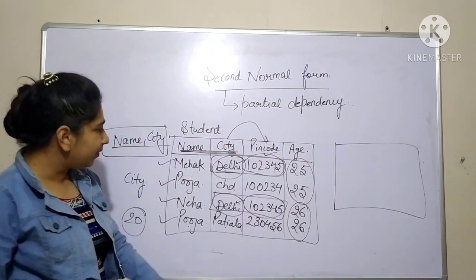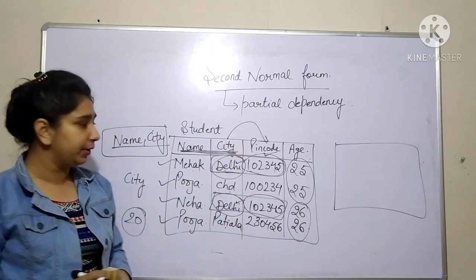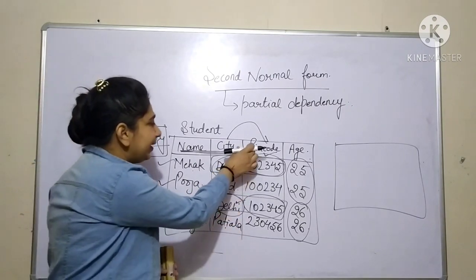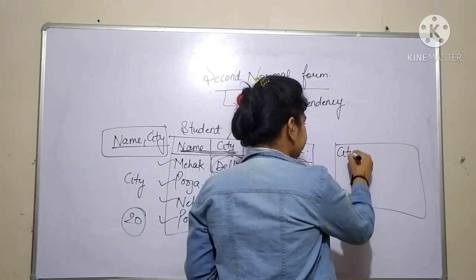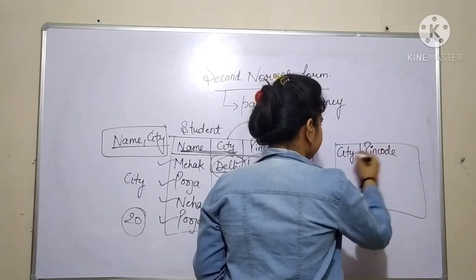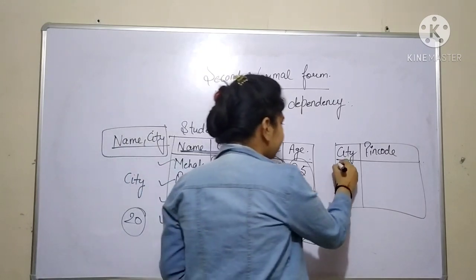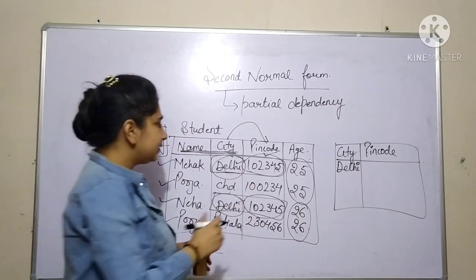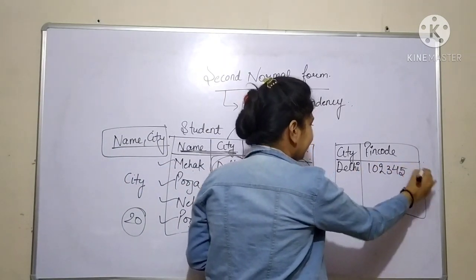Okay, what I will be writing here is city and pin code. We have a redundancy in these two attributes, so I am making a separate table for city and pin code. So I will be writing here Delhi, 102345.